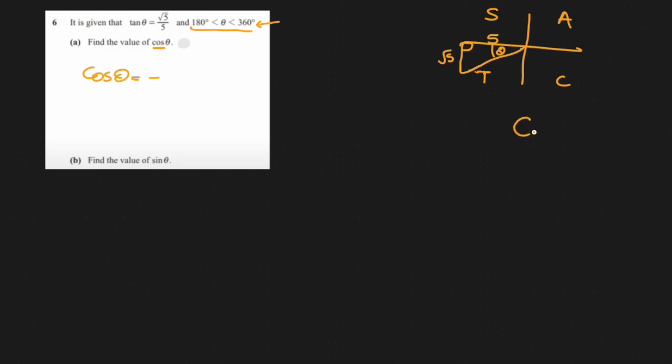Cos theta is adjacent over hypotenuse. Right? So adjacent is 5, but the hypotenuse is not known to us. And we can find that hypotenuse with the help of, you guessed it right, the Pythagorean theorem. So hypotenuse square will be equal to square root 5 square plus, not square root, 5 square.